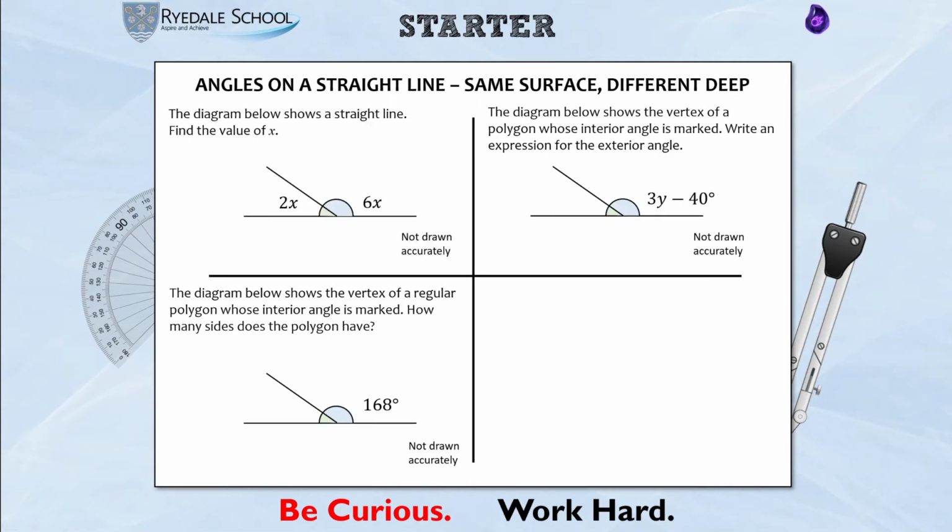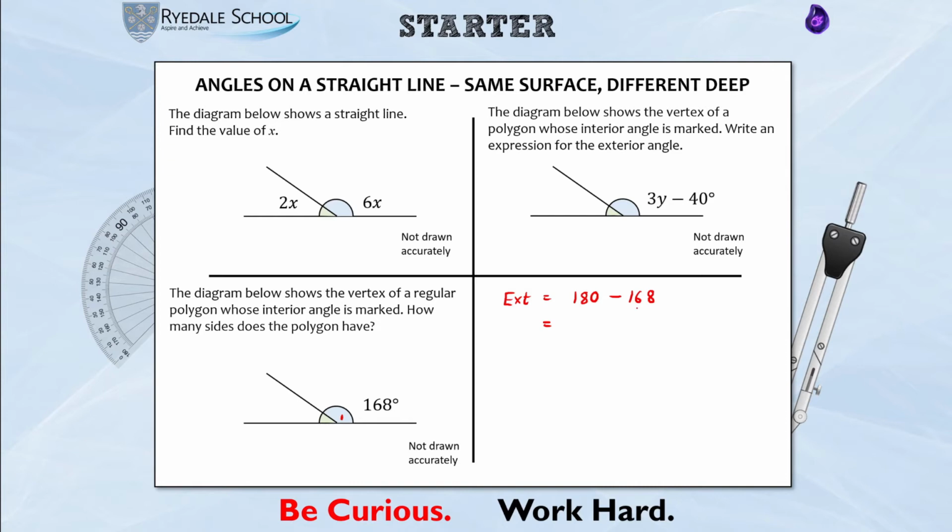Now moving on to the bottom left, it says the diagram below shows the vertex of a regular polygon whose interior angle is marked. How many sides does the polygon have? Well, some of you might recall that the easiest way of getting to the number of sides of a polygon is actually through the exterior angle. So if I know the interior angle is 168, I can work out the exterior angle by doing 180 take away that.